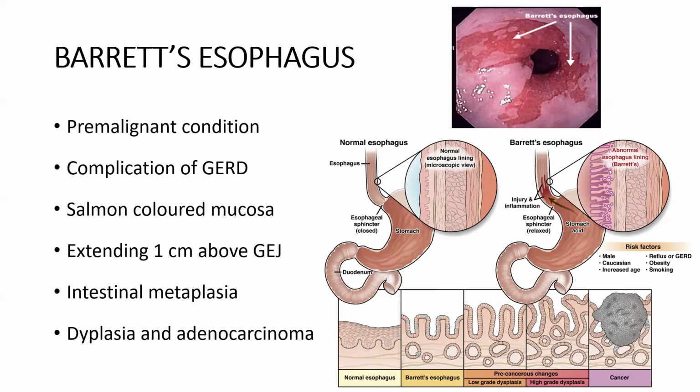Barrett esophagus is a premalignant condition characterized by salmon-colored mucosa extending at least 1 centimeter proximal to the GE junction, with biopsies showing columnar epithelium and goblet cells, which is indicative of intestinal metaplasia.